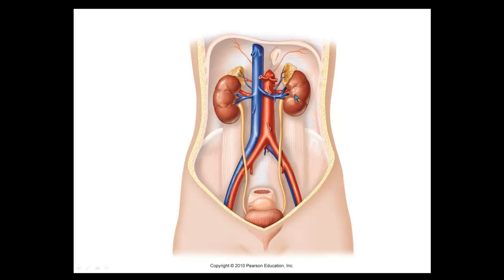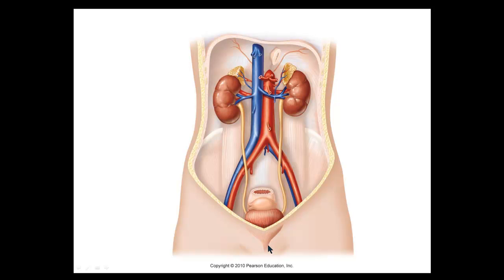We can see the left kidney is a little higher than the right kidney. These ureters drain the urine produced by the kidney and take it down to the bladder for storage. Smooth muscle contractions called peristalsis help move the urine through the ureters to the bladder for storage.